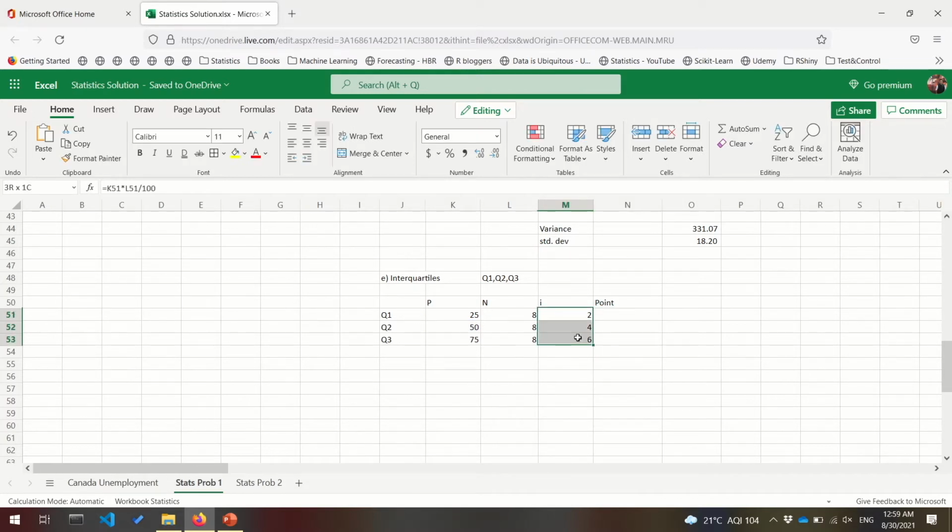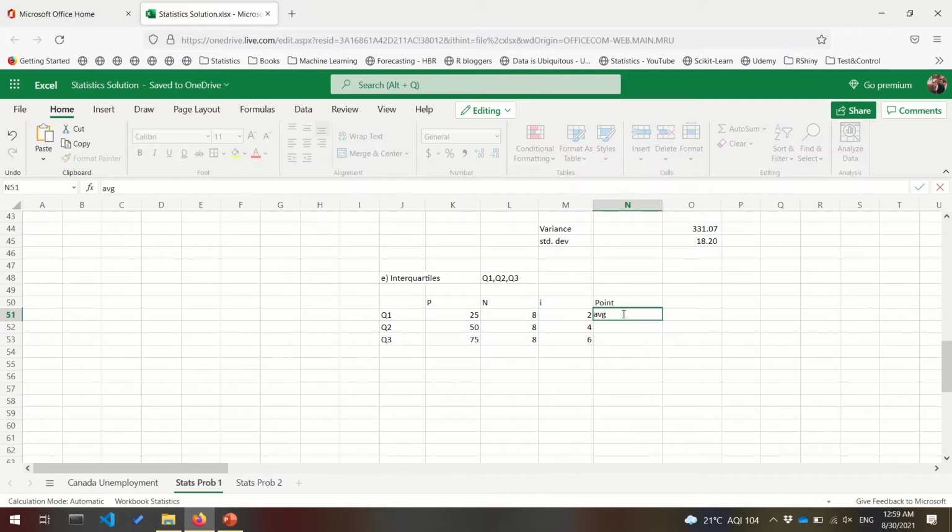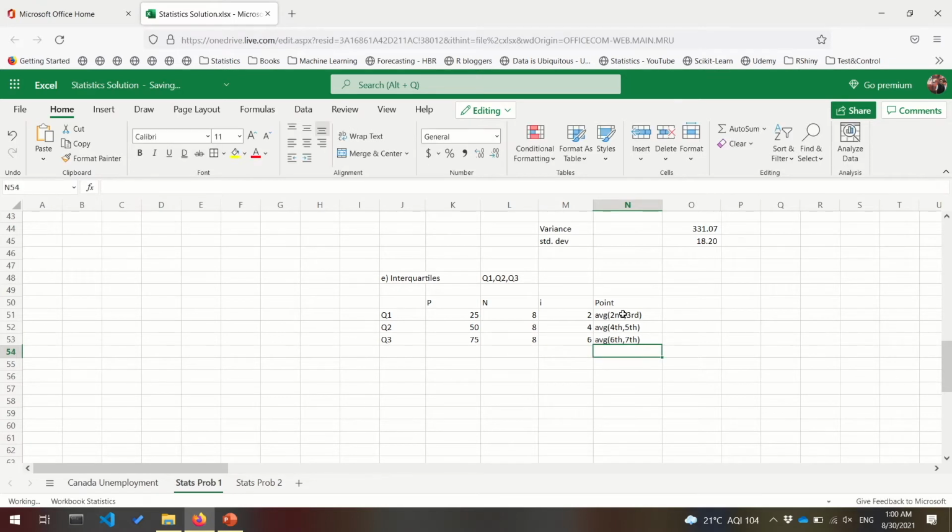Now if you remember, i is a whole number, so the point will be the average of the second and third data points. Similarly here it will be the average of the fourth and fifth data points, and this will be the average of the sixth and seventh data points.